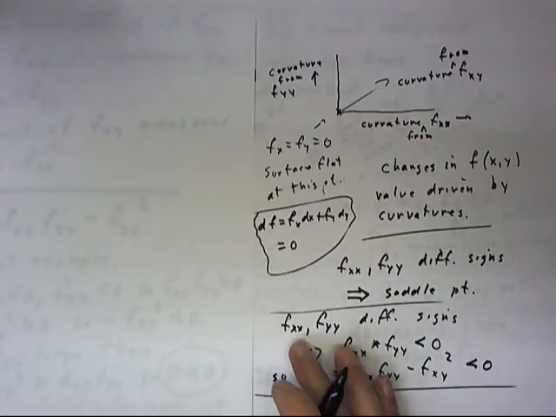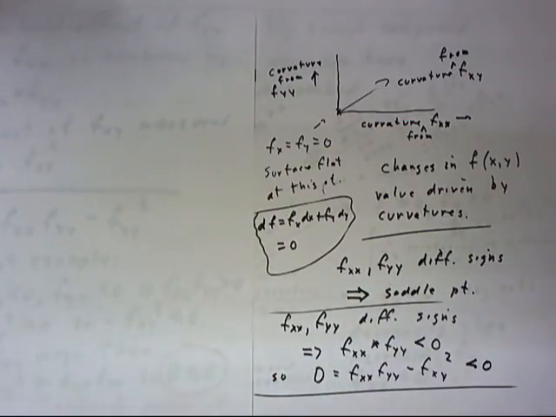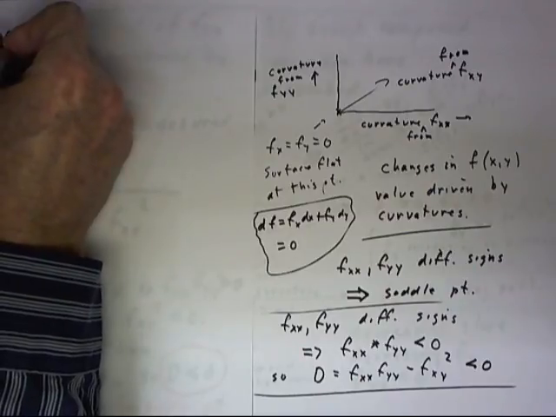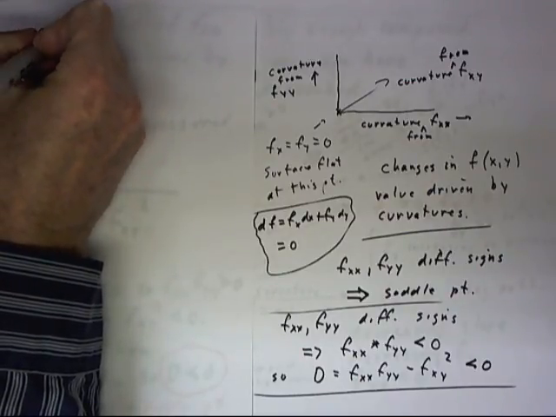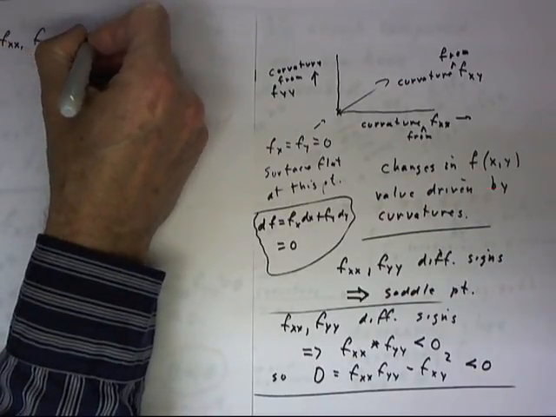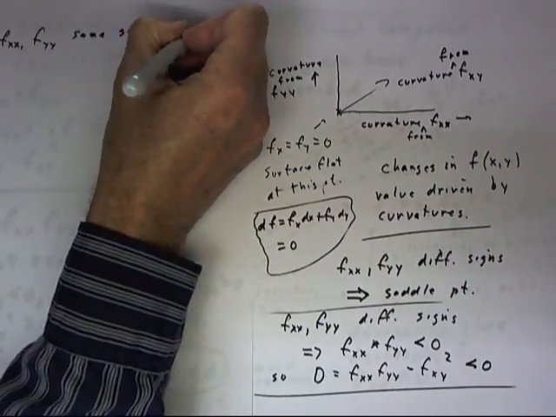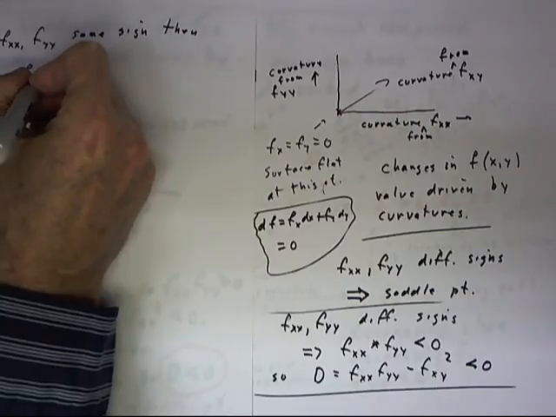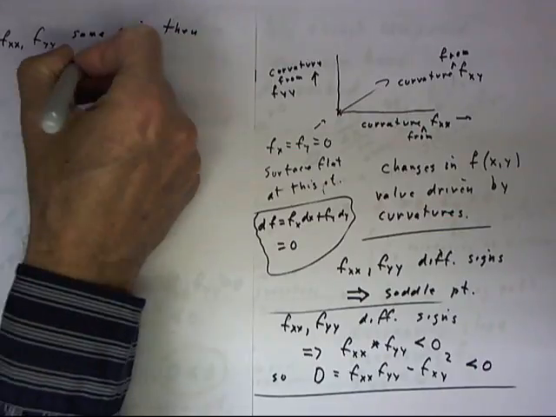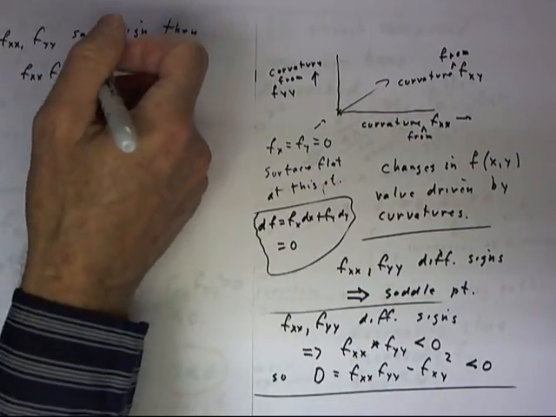Now let's consider if fxx and fyy have the same sign. If they have the same sign, then, as we've seen, fxx fyy is positive.